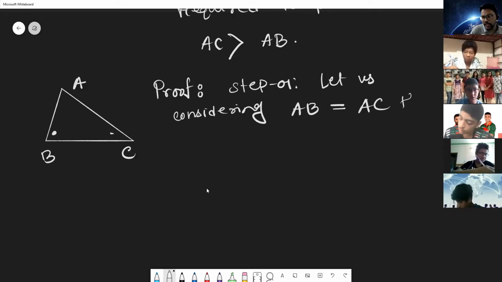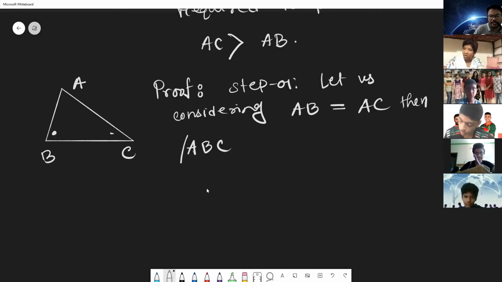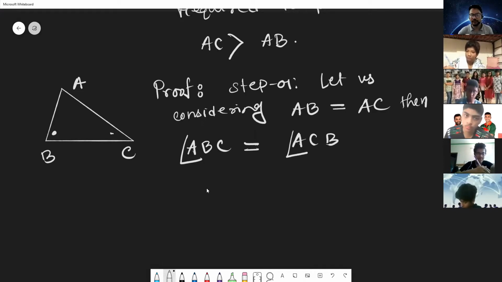Then if AB equals AC, which two angles will be the same? Anyone? Isosceles triangle. Yes, it will be isosceles, and the two angles will be the same. That means angle ABC is equal to angle ACB.